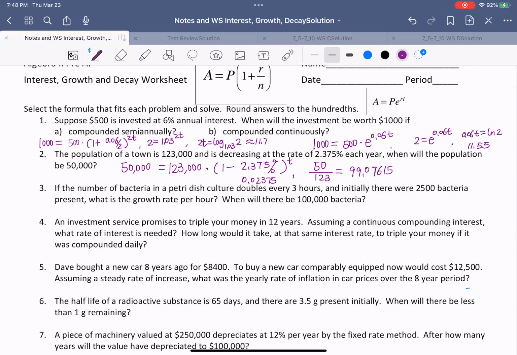Yes? Yes. And then to the power of t. Okay? And then we want to do this one. That makes sense? Yes. I need to put this here.